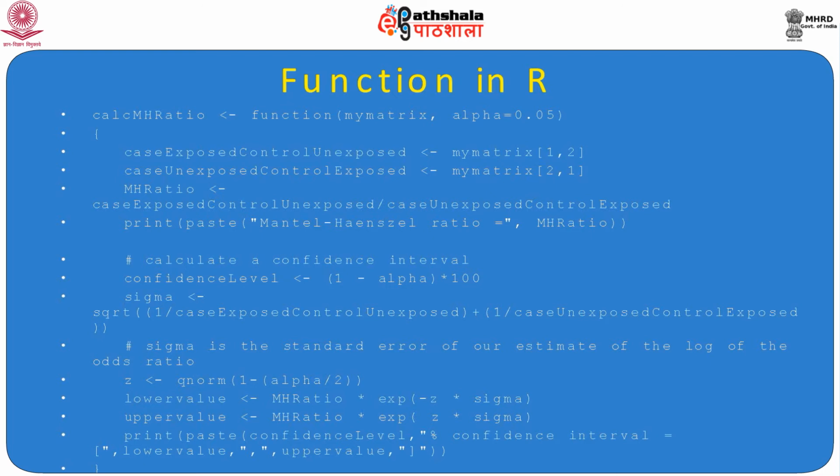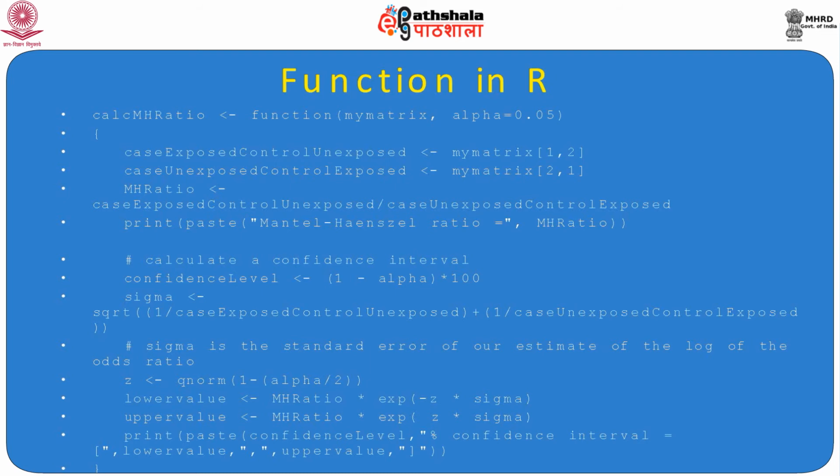Now we compare whether the calculated odds ratio confidence interval is consistent with the p-value or not. We are generating a normal distribution and assigning Z as qnorm of 1 minus alpha by 2.